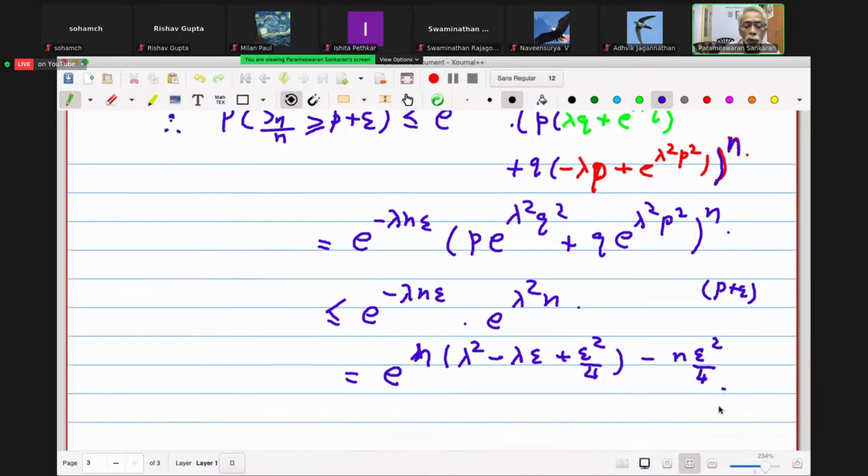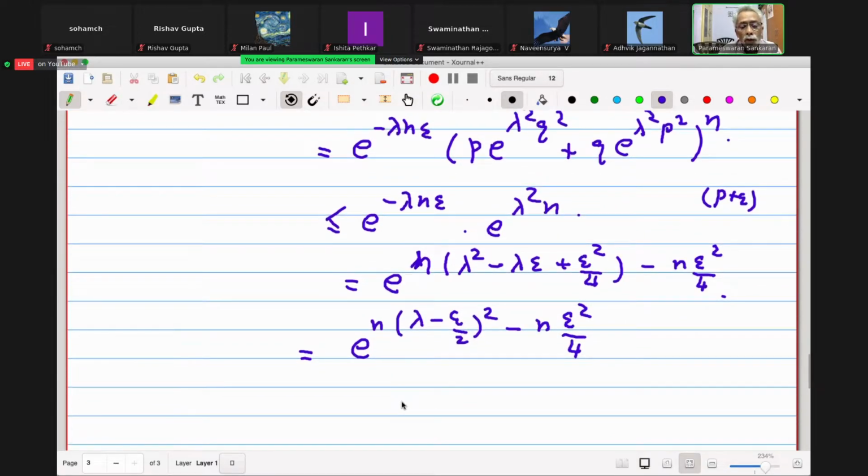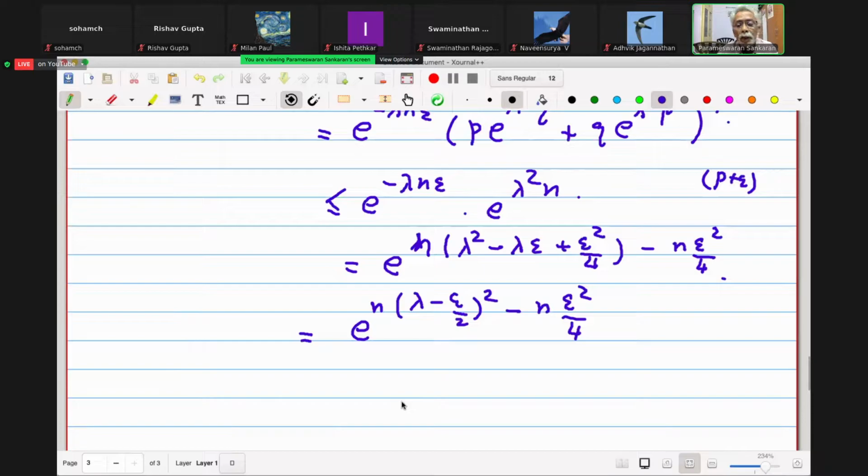Okay. So again rewrite this. This is equal to, so e power n. This is lambda minus epsilon by 2 the whole square, and then minus n epsilon square by 4. Now lambda was arbitrary but positive. Okay, for any lambda. This is true for all lambda positive.